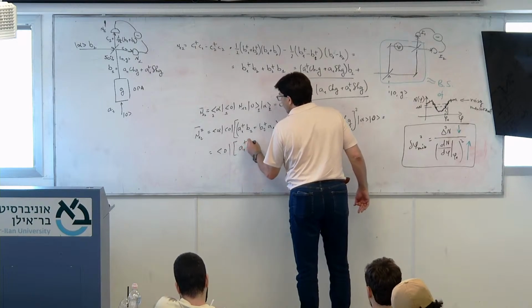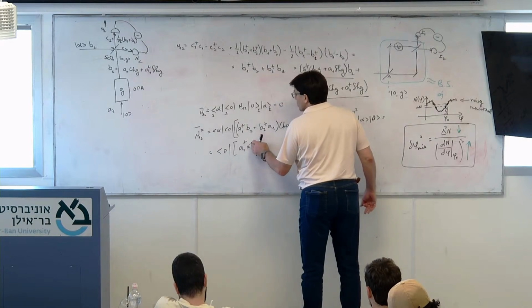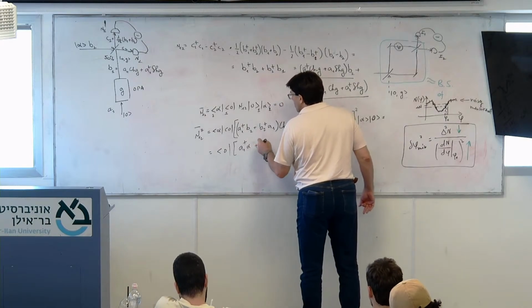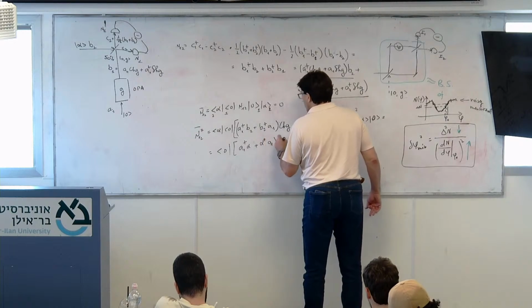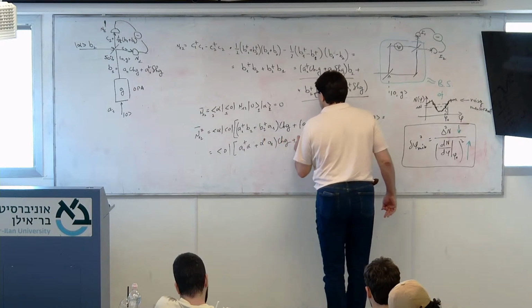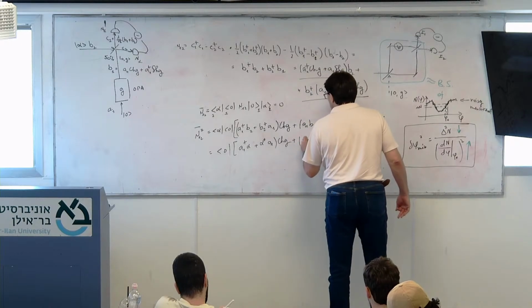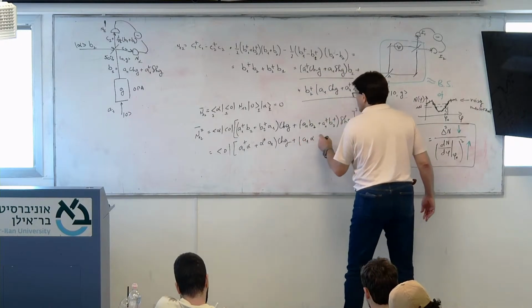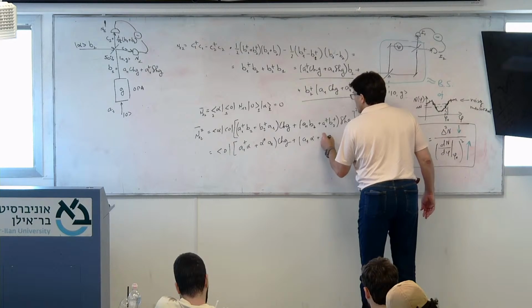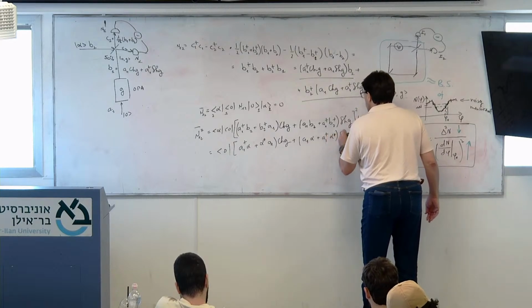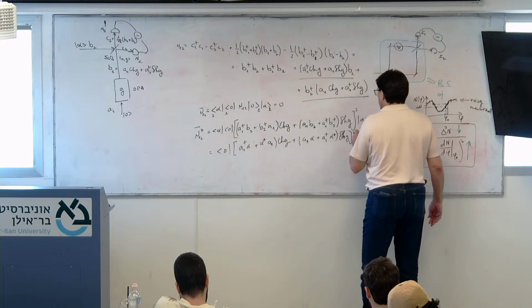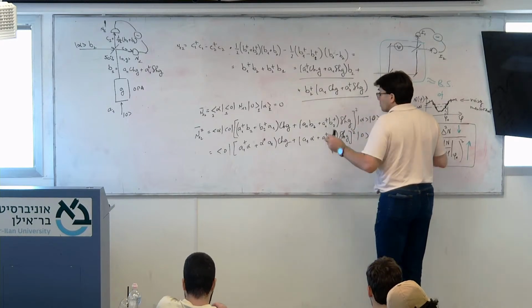A1 dagger alpha star. Sorry, not star, this is alpha, plus alpha star A1, hyperbolic cosine G, plus A1 alpha, plus A1 dagger alpha star, hyperbolic sine G, and all that is going to be squared, and that operates on vacuum.